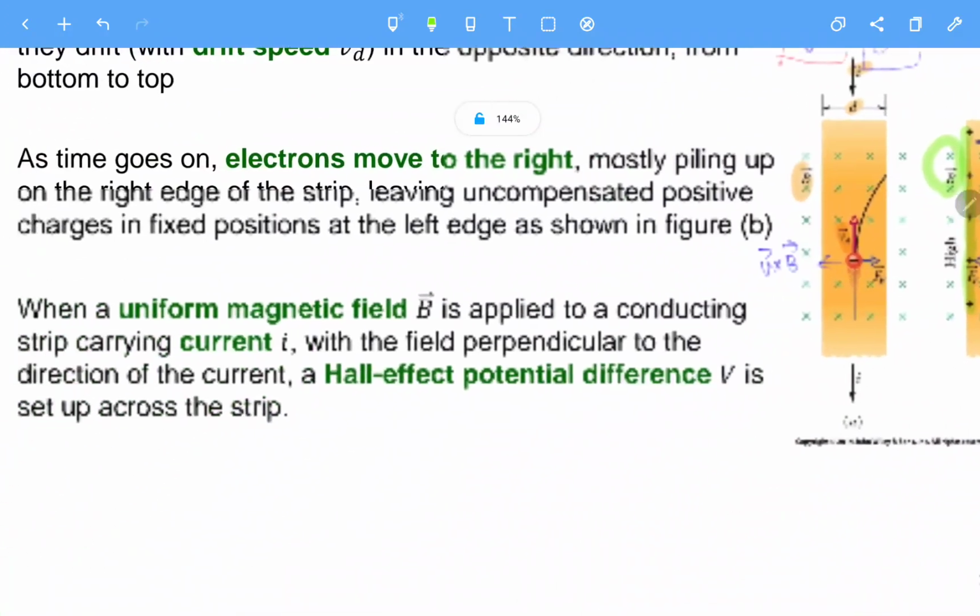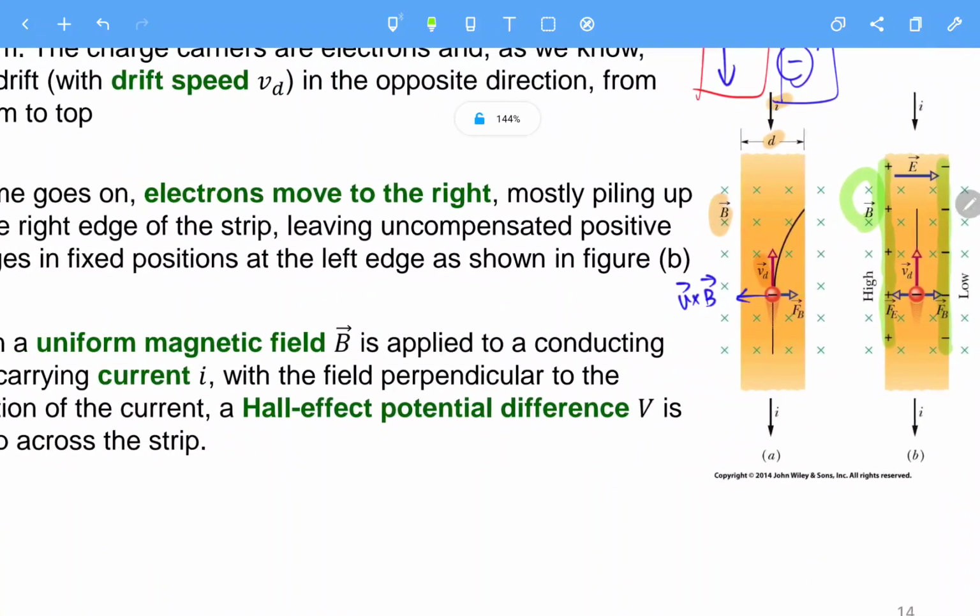But in that case, we can really measure some potential difference. There is some potential difference between the left and right surface. This is actually the Hall effect. We can measure the potential difference between the left surface and the right surface.